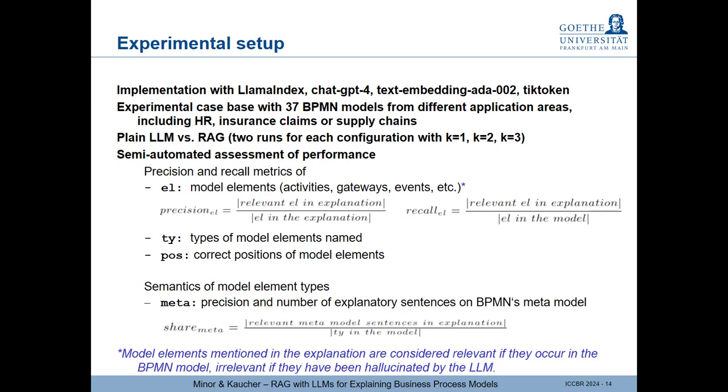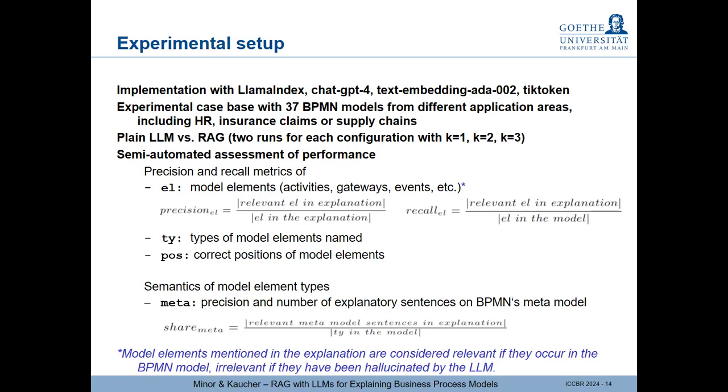The performance of the output has been assessed in a semi-automated manner, which uses precision and recall metrics, first in a pair that focuses on the model elements, so have all model elements been explained that occur in the process model, so all the activities, all the gateways, all the events, etc.